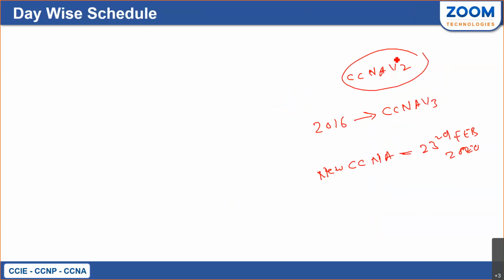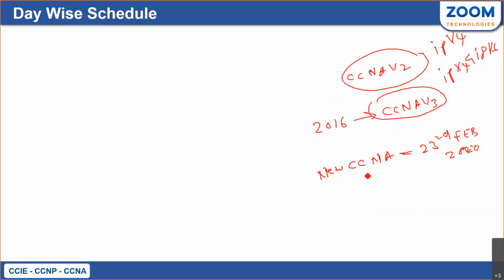People who trained and certified in CCNA version 2, before 2016, were trained on IPv4 networks only. After 2016, Cisco upgraded, so people trained and certified in CCNA version 3 were trained on IPv4 and IPv6 as well.